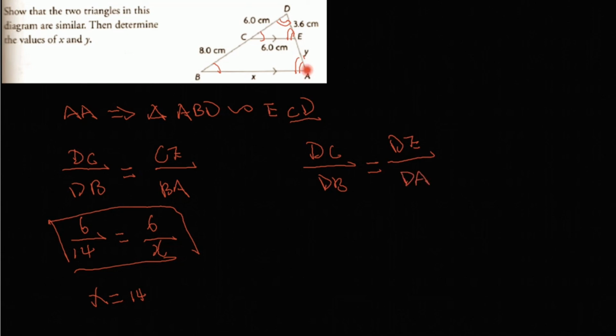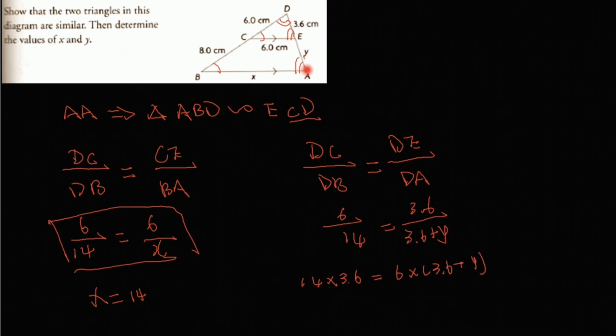DC is 6 and DB is 14. DE equals 3.6, and DA equals 3.6 plus y. Okay, solve this equation. We rewrite it as 14 times 3.6 equals 6 times (3.6 plus y).